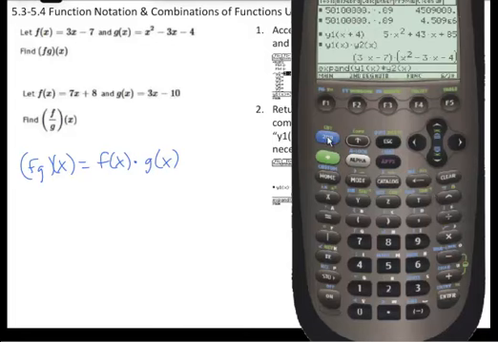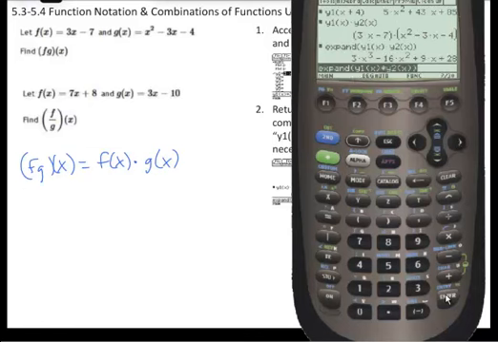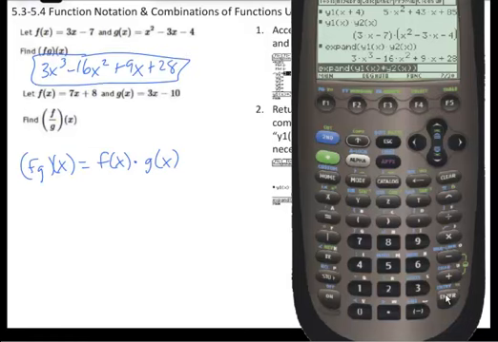I then hit second right, that'll jump all the way to the very end and close off the expand command. And so here would be our solution: 3x cubed minus 16x squared plus 9x plus 28. And so that would be the whole value multiplied.